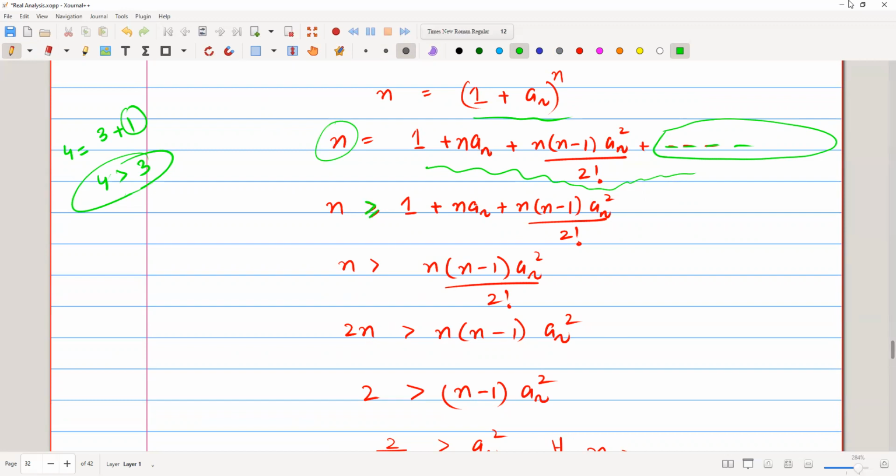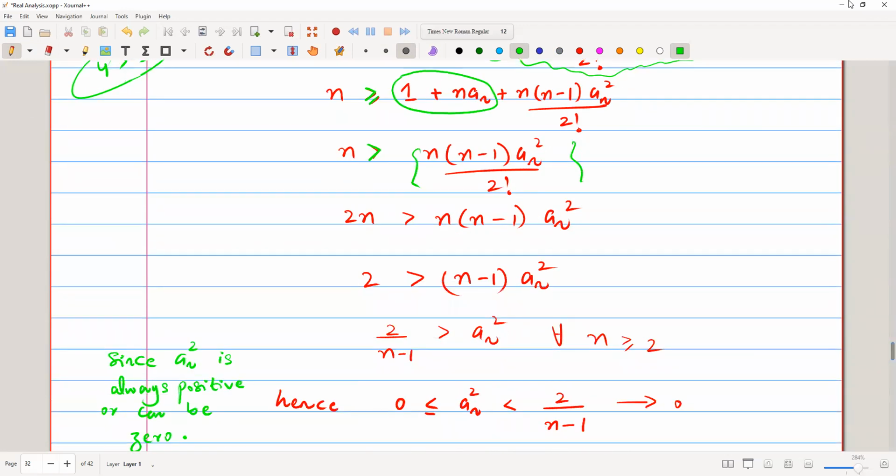Then again, if I remove these two elements more, now I can say that it's strictly greater than this thing here. And by some algebraic manipulation, here 2 factorial is on the left side. This n cancels with this n, then we have 2 is greater than (n minus 1) a_n squared.